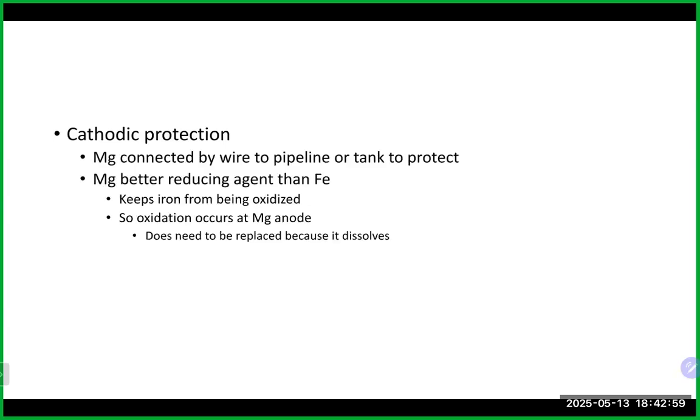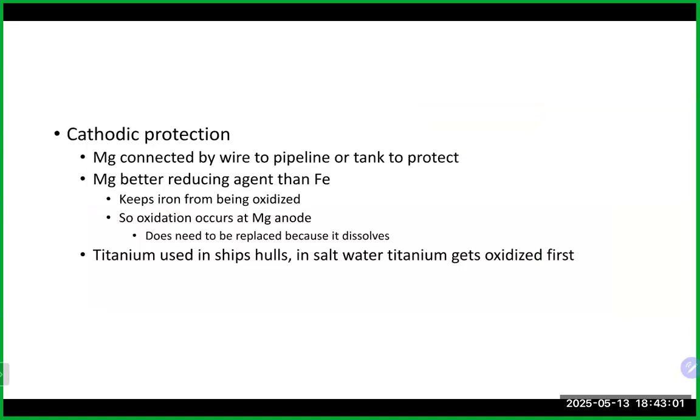Cathodic protection is another way that we can protect things. For example, if you take magnesium that's connected to a tank or something like that that's buried under the ground, obviously if it's buried underground, there's a lot of moisture, right? So that's a good breeding ground for it to start to go through corrosion. Magnesium is a better reducing agent than iron, and things that are reducing agents are things that get oxidized.